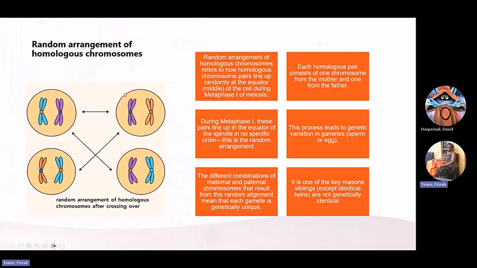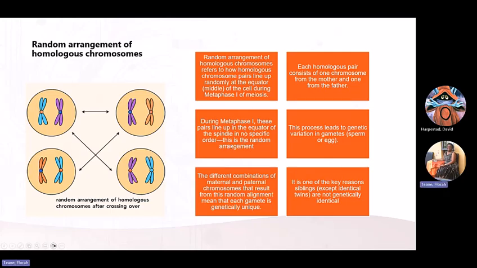I'm trying to explain what I mean by random arrangement of homologous pairs of chromosomes at the equator. The random arrangement of homologous chromosomes refers to how homologous chromosome pairs line up randomly at the equator of a cell during metaphase 1. So each homologous pair of chromosomes consists of one chromosome from the mother and one from the father, as already explained.